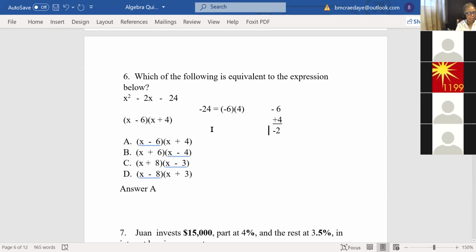Questions on number 6. Remember, factoring is just really breaking up the number or expression into two things that multiply to give it.